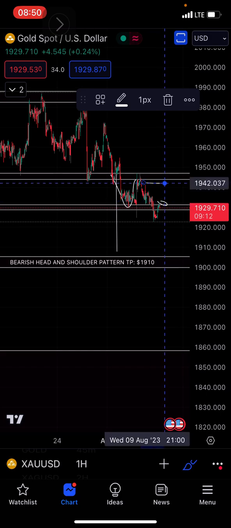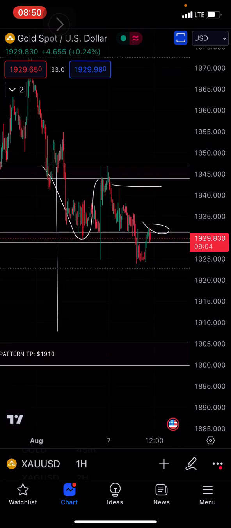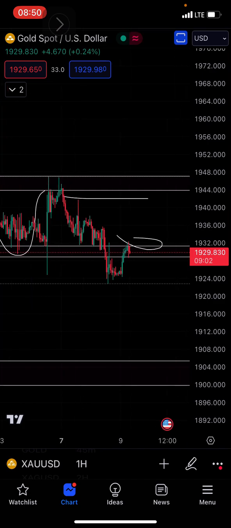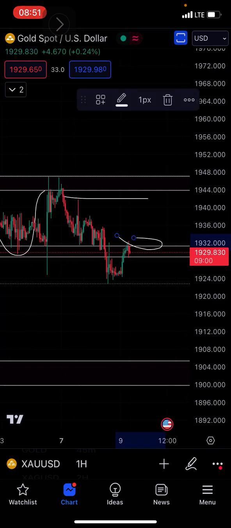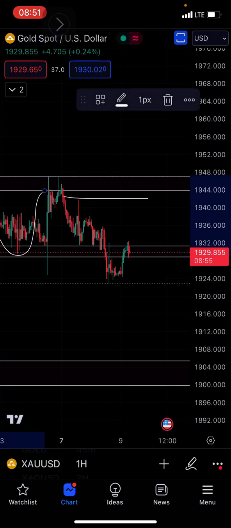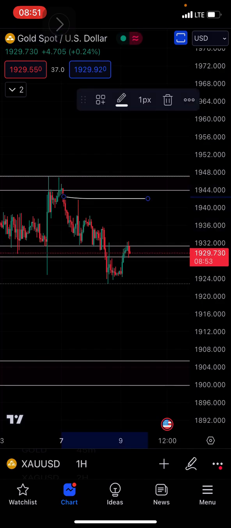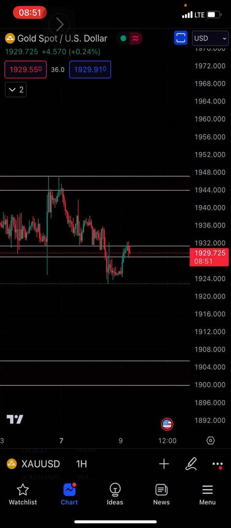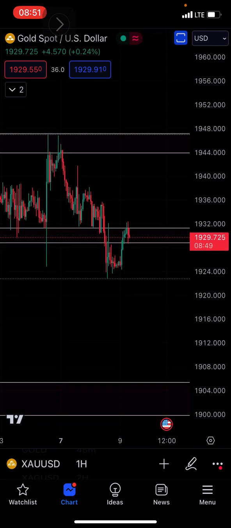At least a $1940 stop loss is what you're supposed to use because of maybe fundamental news. So be very careful and know what you're doing. Some people use a tighter stop loss of maybe 1930. From here now, they will enter 1932 and use a 20 pip stop loss. It can work for you, but I usually use probably a 100 pip stop loss.